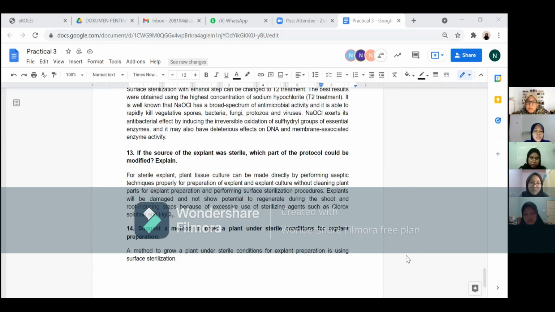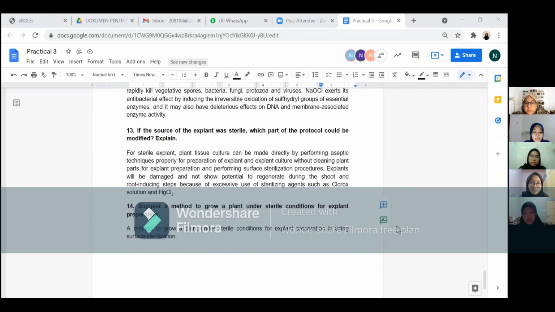For number 14, suggest a method to grow a plant under sterile condition for explant preparation. I think the method is using surface sterilization. Surface sterilization is the process which involves the immersion of explant into an appropriate concentration of sterilizing agent for a specific time, resulting in the establishment of a contamination-free culture.